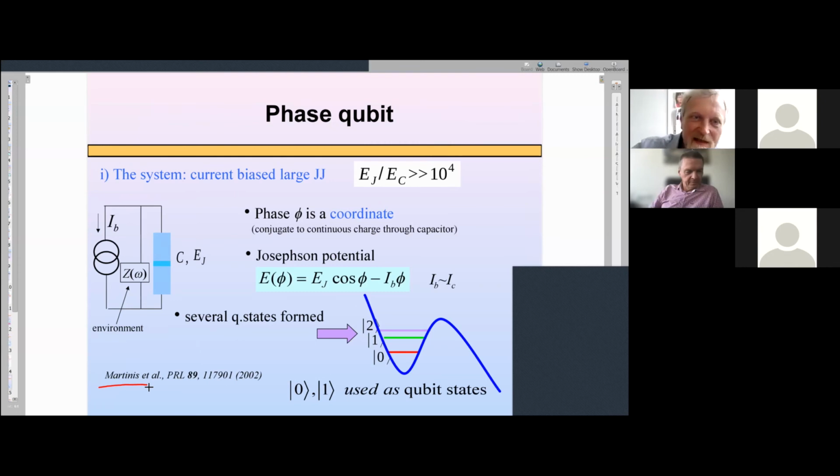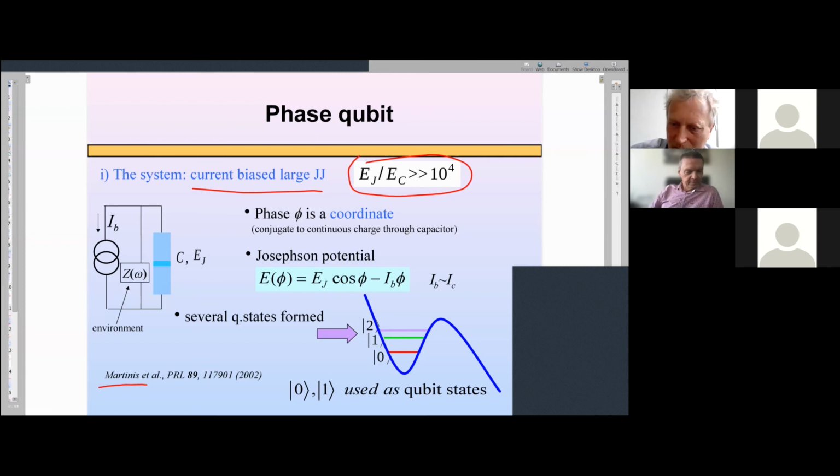So it's the same single current-biased large Josephson junction. It's a quite opposite parameter region, e.g. E_J is enormous in comparison with the charging energy. Let us recall what we have.